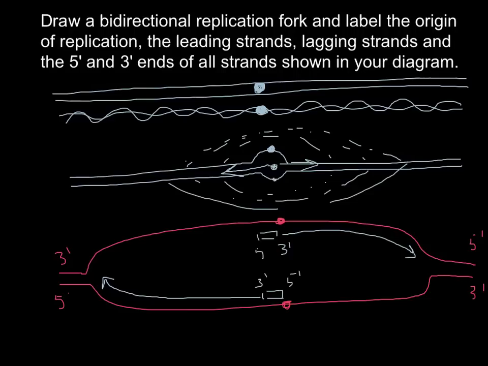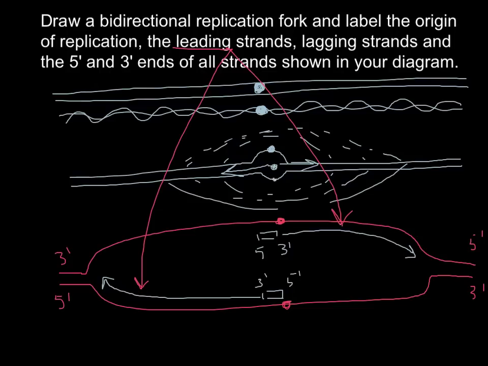So we see that on both sides here we have continuous growing, so these are both leading strands, this one and this one. And what's going to happen on the other side from the point of replication, how will this strand and this one be formed?